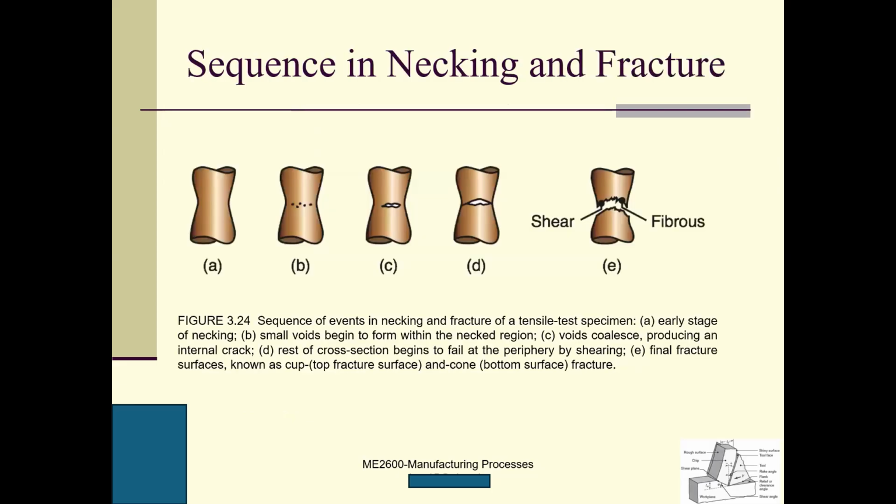So, ductile fracture. When you have a tensile load, usually in the first stage the cross-section area becomes smaller, and then you will have small voids forming here. These voids will be connected together, become a big crack, and finally it breaks this way.